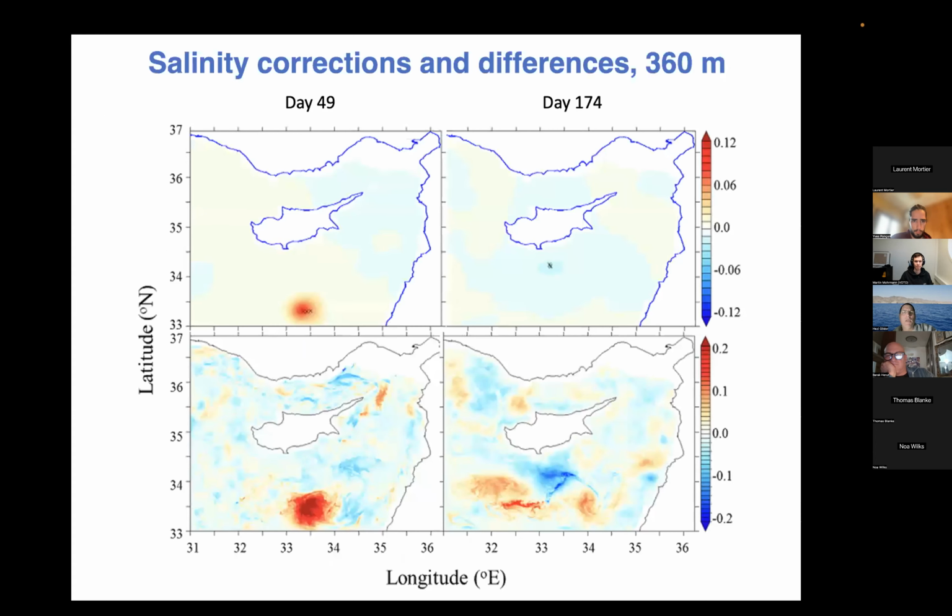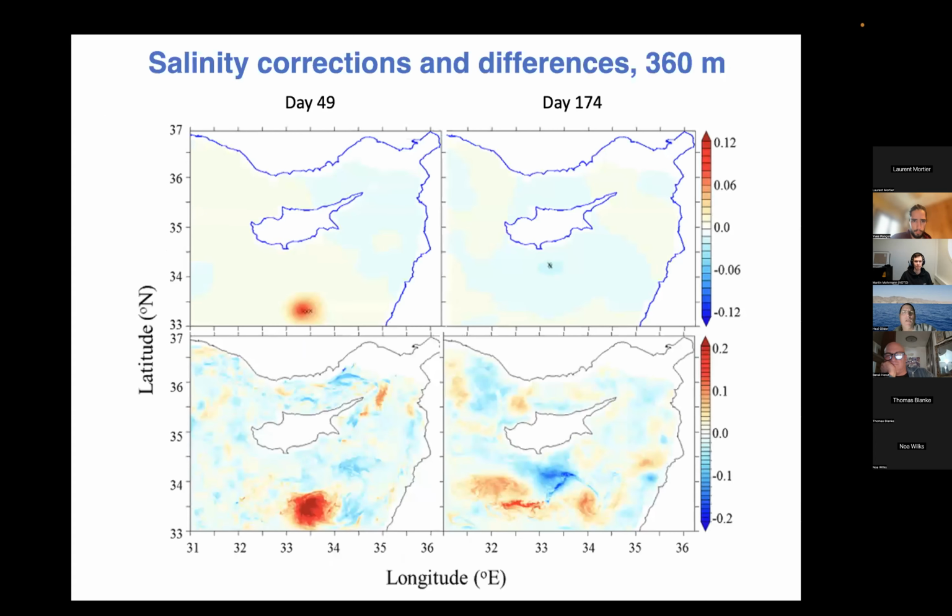And you can see here salinity, and the differences, where we corrected the salinity using the glider data in the top 2 panels. And in the lower panels, you can see the differences between the simulation in which we assimilated the glider and the simulation in which we didn't.